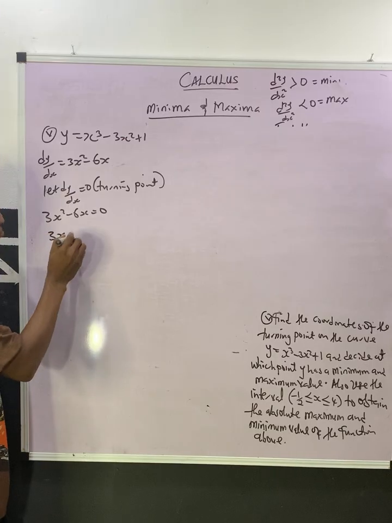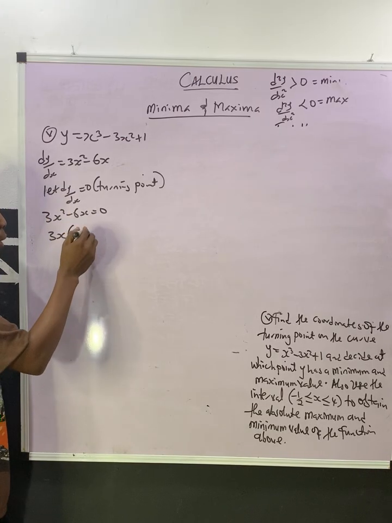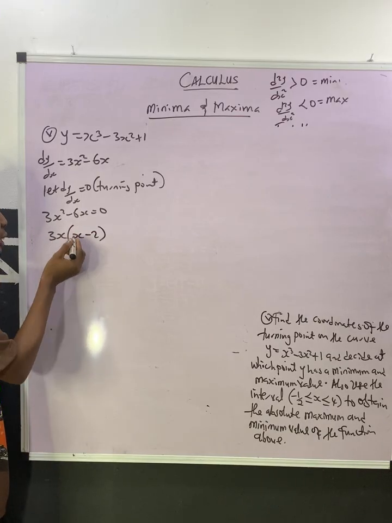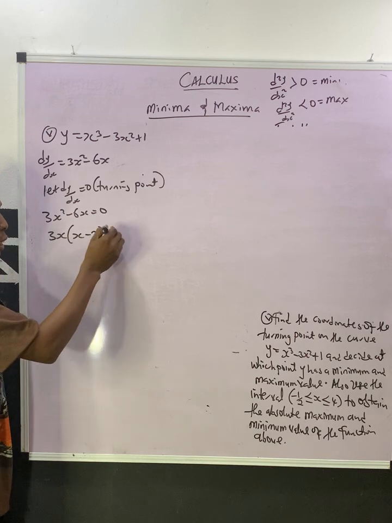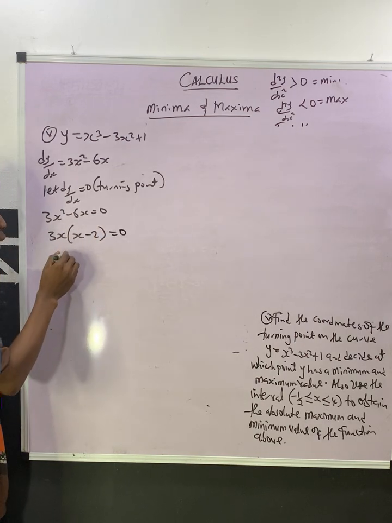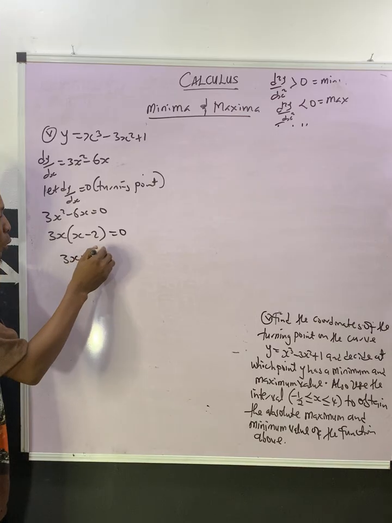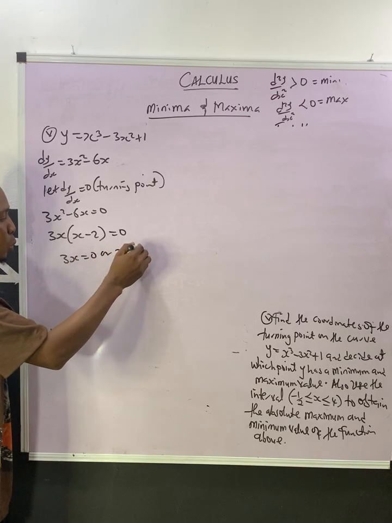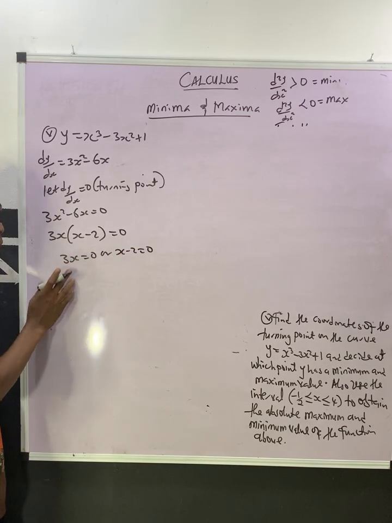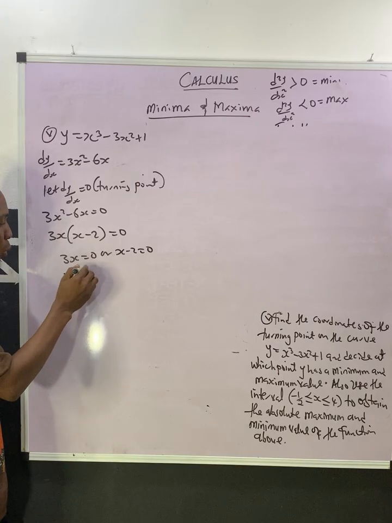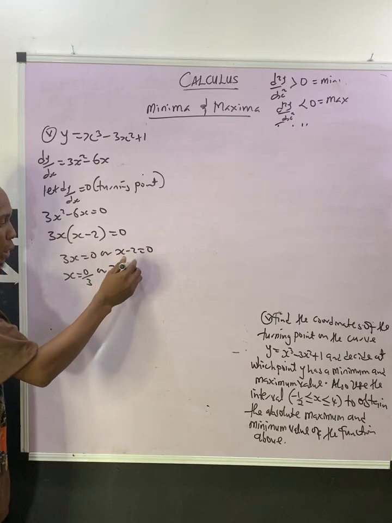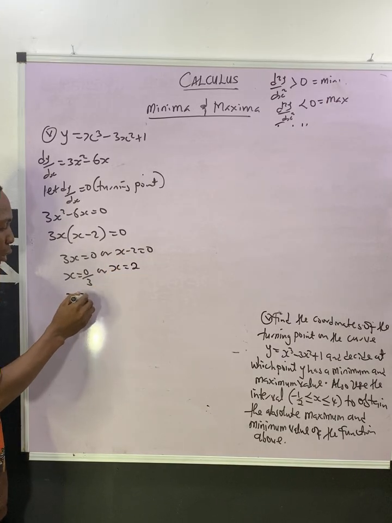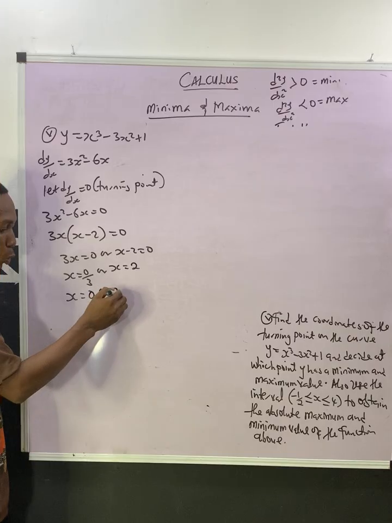If you bring out 3x, we are left with x, then minus 2. 3x times x is 3x squared, 3x times 2 is 6. Then equals 0. It simply means that 3x equals 0, or x minus 2 equals 0. Now to get our x, it will be 0 divided by 3, which is 0, or x equals 2.